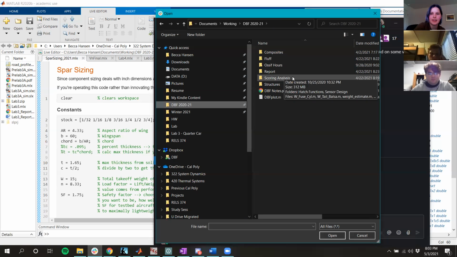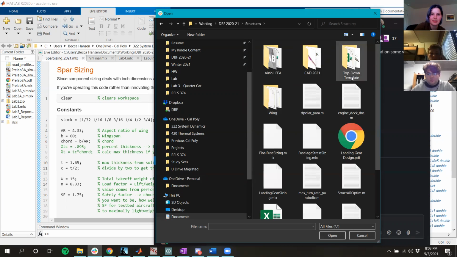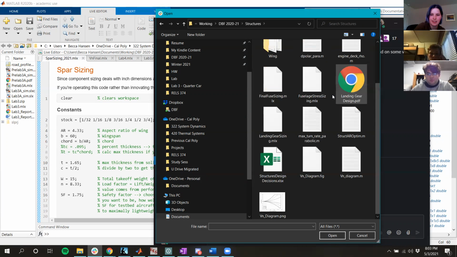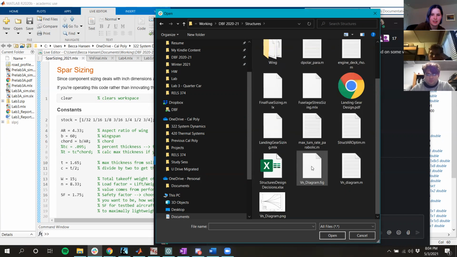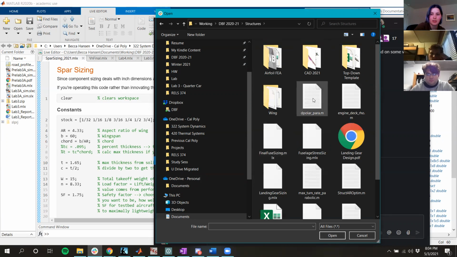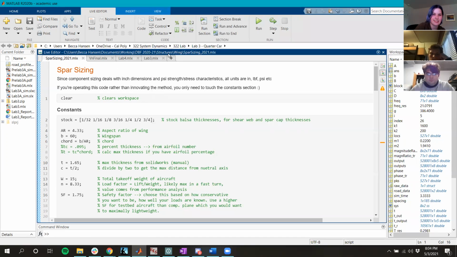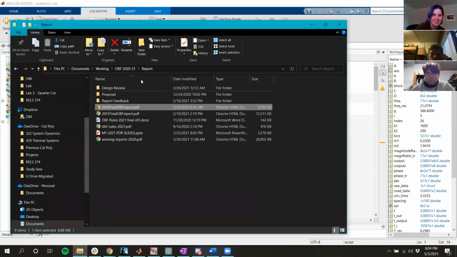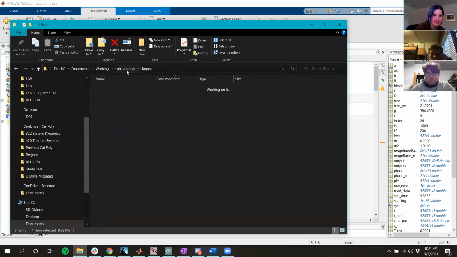Big brain. Where might I have put this? In structures, do we think? No, I'm trying to find where my file is. Oh, you can search it. Wait, it shows over here, doesn't it? Structures, wings, processing. Structures. Where did it go?